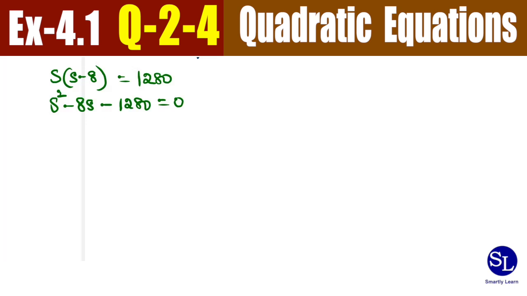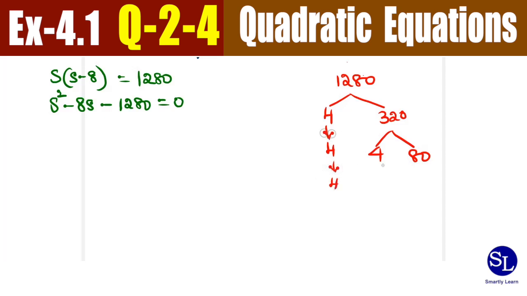Now I have to split the middle term. So I'm looking at drawing a factor tree for 1280. So 1280, I'm looking at it as a product of 4 into 320. I'm retaining the 4 as such. 320, I'm dividing it as 4 into 80. So this 4 I'm putting as such. This 4 also I'm keeping as such. 80 I'm dividing as 2 into 40.